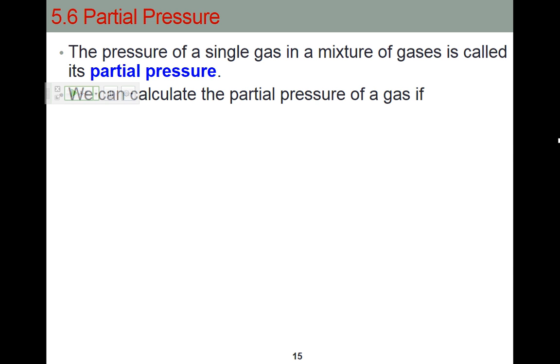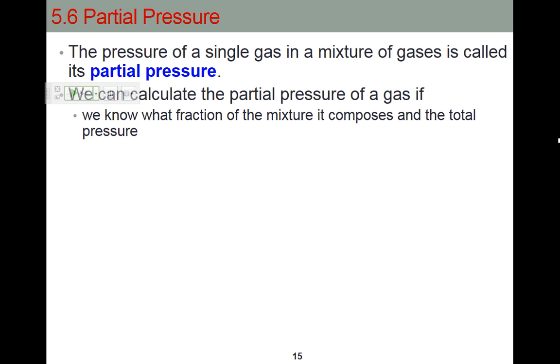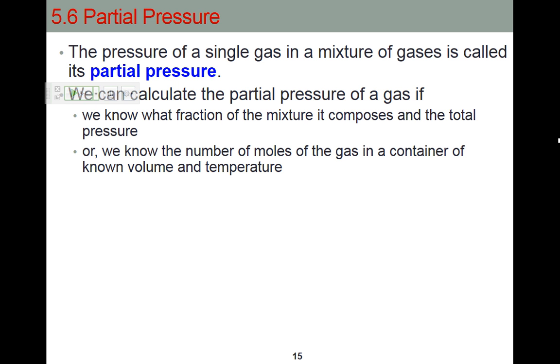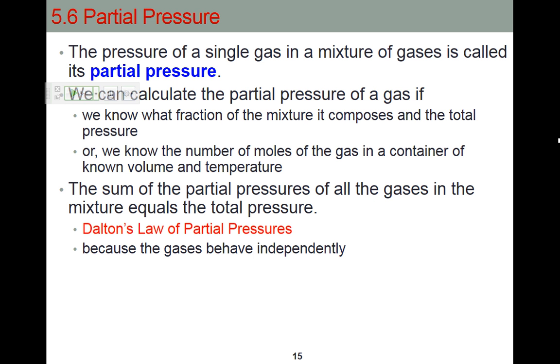So we can calculate the partial pressure of a gas if we know what fraction of the mixture it composes and the total pressure, or if we know the number of moles of the gas in a container of known volume and temperature. The sum of the partial pressures of all the gases in a mixture equals the total pressure. That's Dalton's law of partial pressures. All that says is all the partial pressures are additive to the total pressure. That's all we're thinking about.